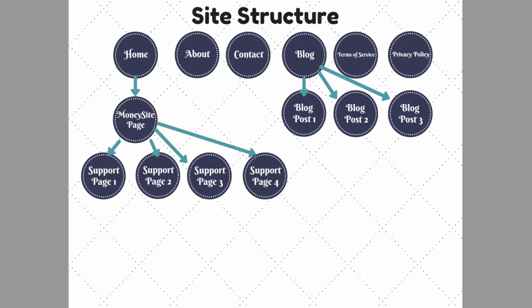When the Googlebot looks at your site, it sees that it's not just a bunch of pages trying to rank, but an actual site that has related information from supporting pages going to the money site page, and the money site page also going to its support pages, so it looks more natural. And that's the basics of building your site.